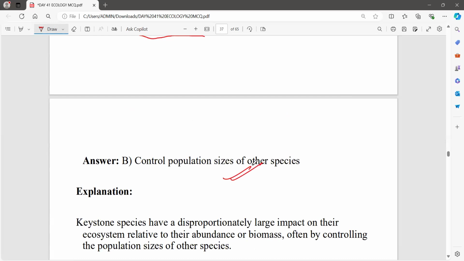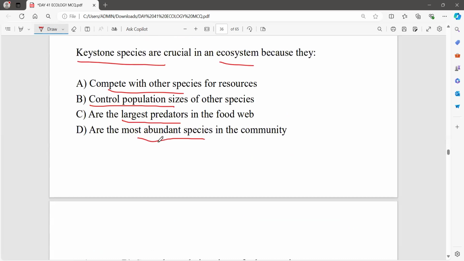Very good. That is the one controlling the population size. See, this is not the most abundant species. If 10 predators are present, this keystone species will be present as 1. This is what a ratio is.